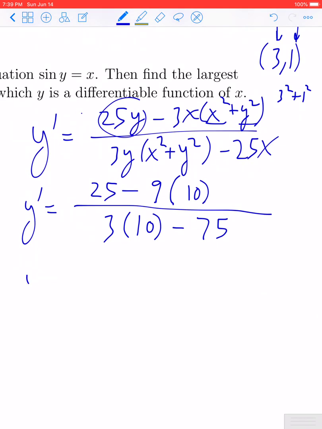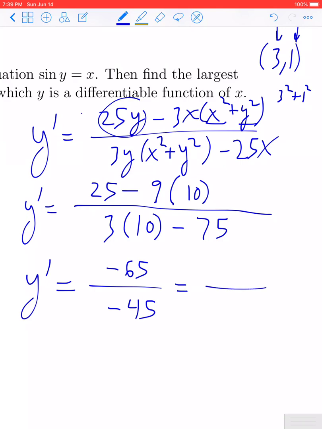Let's go ahead and work this out. We get y prime equals, in the numerator, 25 minus 90. That should give us a negative 65. In the denominator, we're going to have a 30 minus 75. That will give us a negative 45. And now we can kind of divide from here.